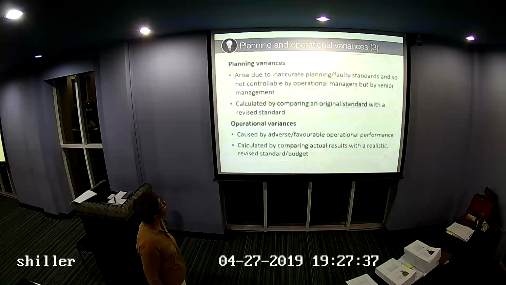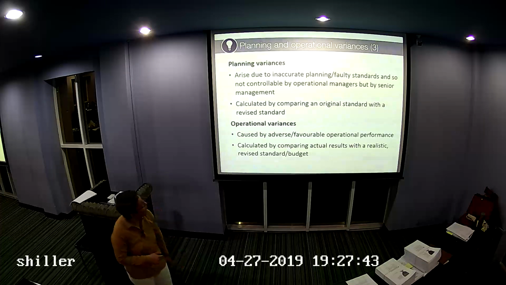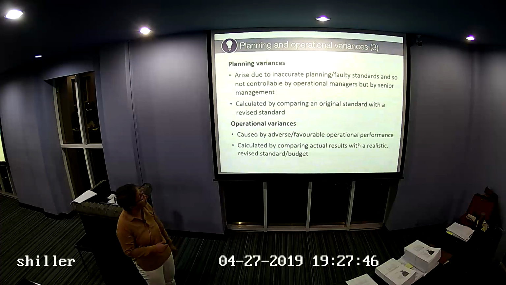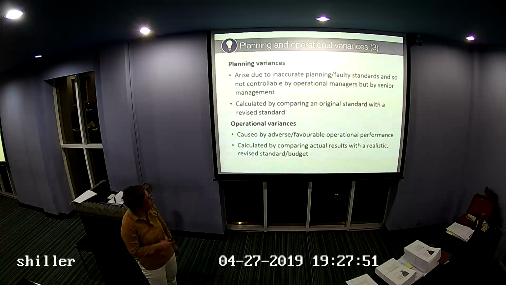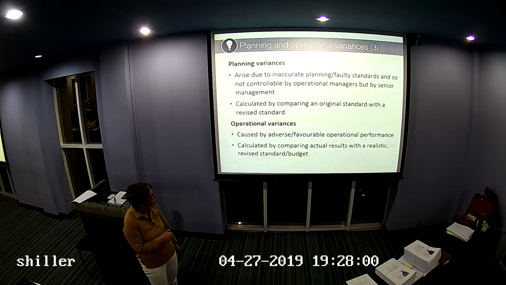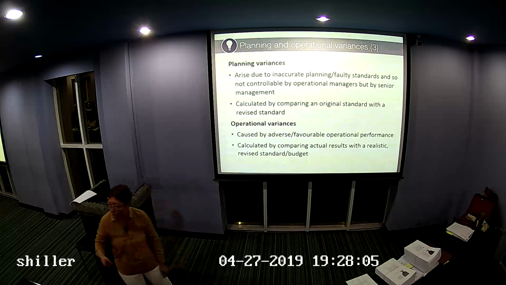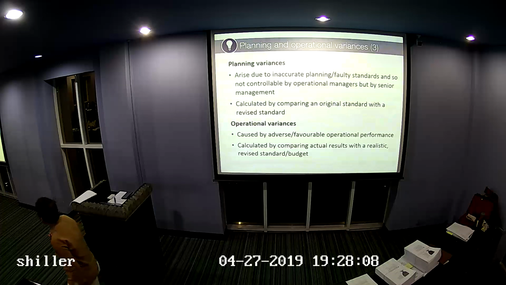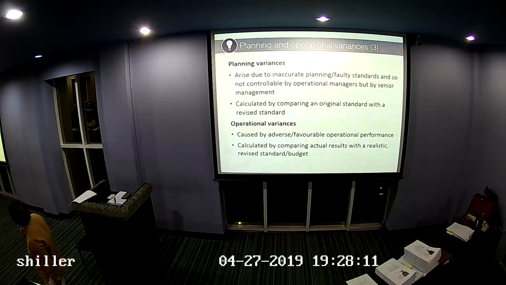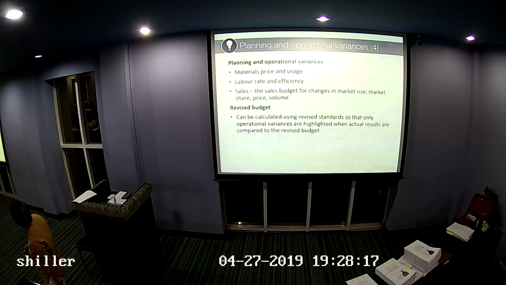Alright, so planning variances, again, we said, maybe if it is due to inaccurate planning or faulty standards, so it's not actually the fault of the operational managers, but the senior manager. Okay? So, calculated comparing original versus revised. Operational variance is caused by how the manager actually performed. Okay? So, this one you calculate by comparing actual results with the standard revised budget. Okay?